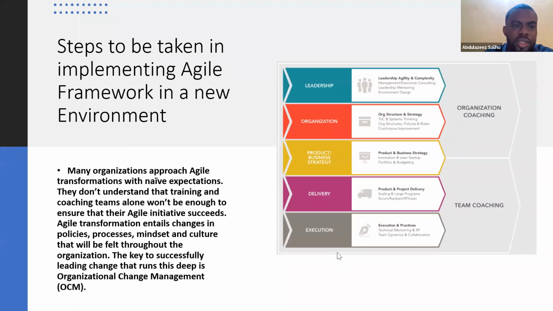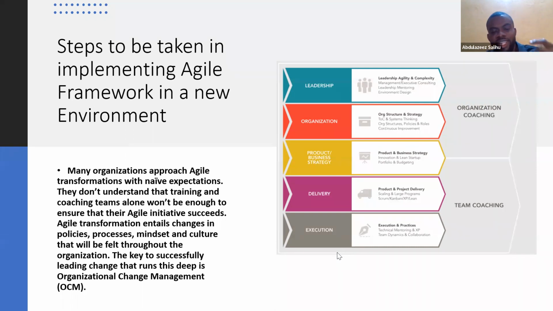So what are the steps to be taken in implementing Agile framework in a new environment? Many organizations approach Agile transformation with a naive expectation. They don't understand that training and coaching teams alone will not be enough to ensure that their Agile initiatives succeed.